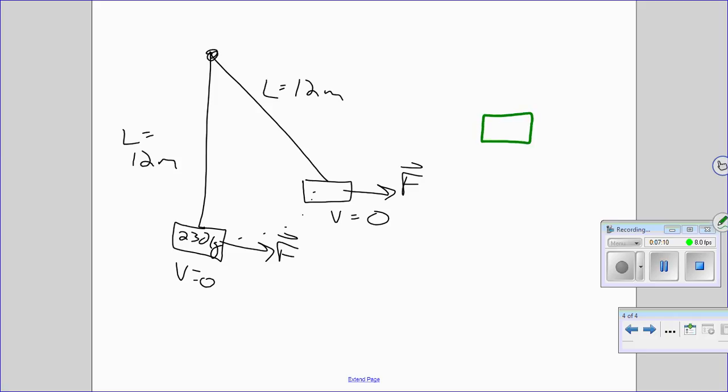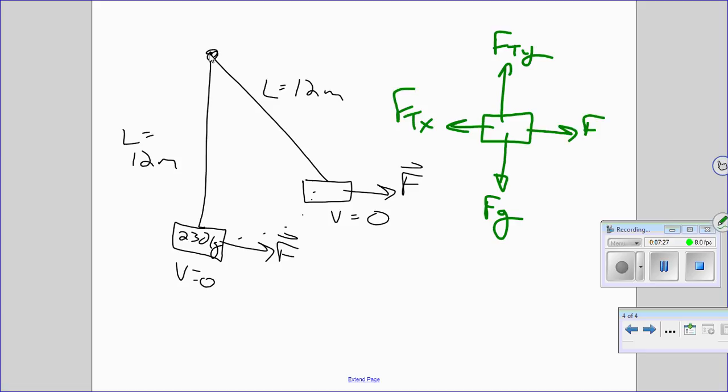What do we got? Force of gravity. I guess, yeah, 4 forces. There's force of tension in the y direction, force of tension in the x direction, and then the applied force, right? What has to be true about all those forces? They all have to cancel, right?